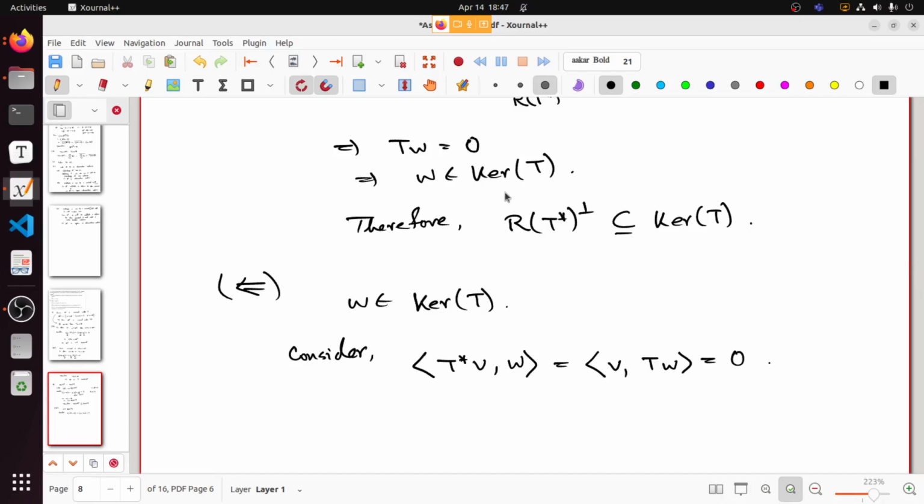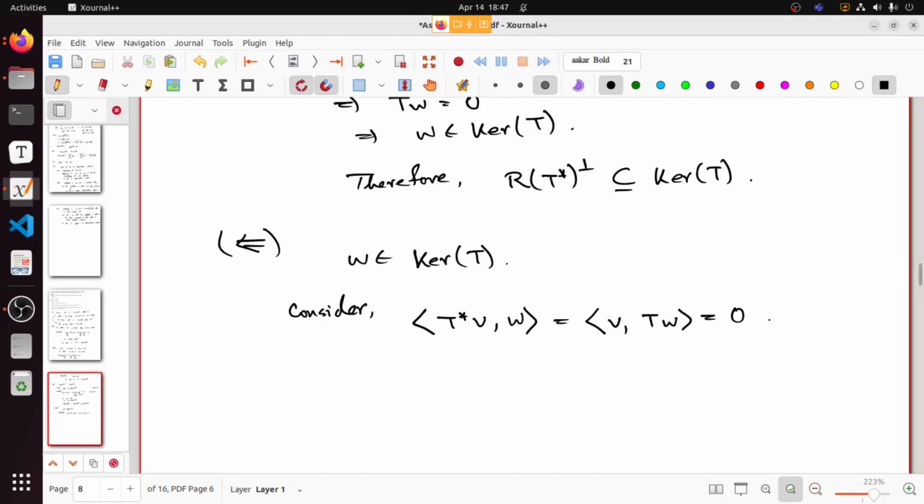So this is in the range of T star, which implies w belongs to range T star perp, because this is 0 and this is in range T star.